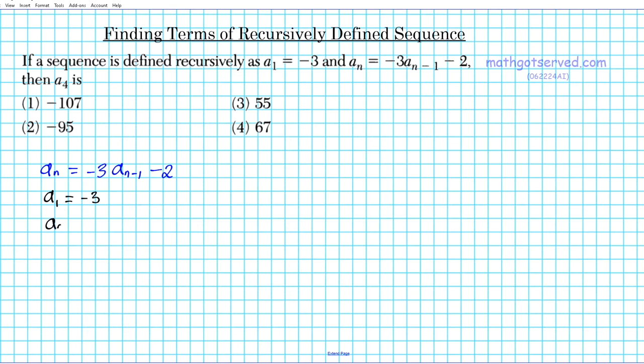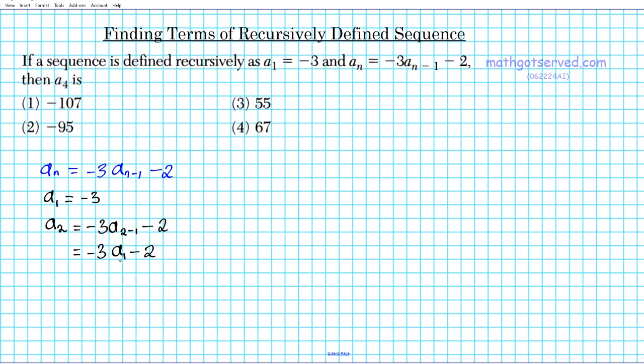To get a2, we're going to use the formula: negative 3 times a sub 2 minus 1, minus 2. Let's simplify that. We have negative 3 times a sub 1 minus 2. You can see that a2 is dependent on a1 for its value.